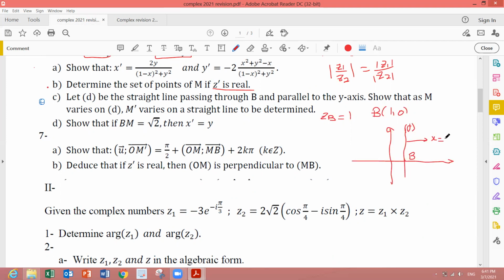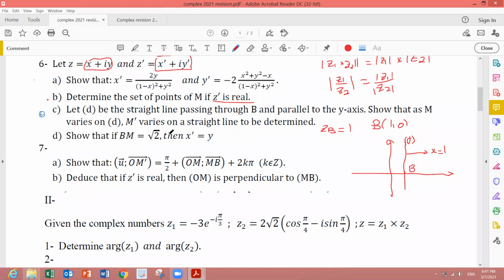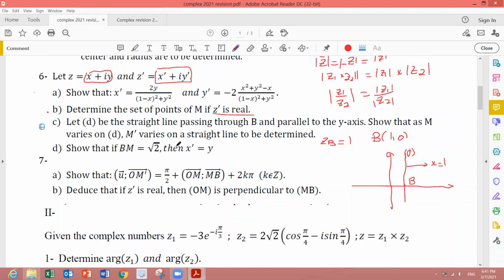Since it is parallel to the y-axis, its equation is x equal 1. We are going to find that M prime varies on a line to be determined. So I take these x prime and y prime, I put 1 instead of x and I will check what we will get. We replace x by 1.